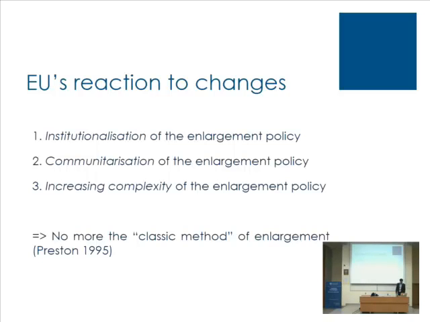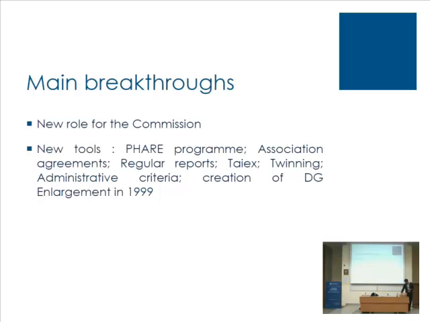And the third change is increasing complexity. So, as you can see, new tools, new strategies, not easy. But actually the main change, the most important change concerning our objective, is democratic criteria for membership. Democratic criteria for membership was introduced for the first time with Central and Eastern Europe.